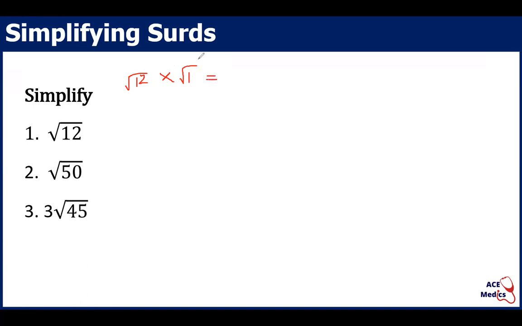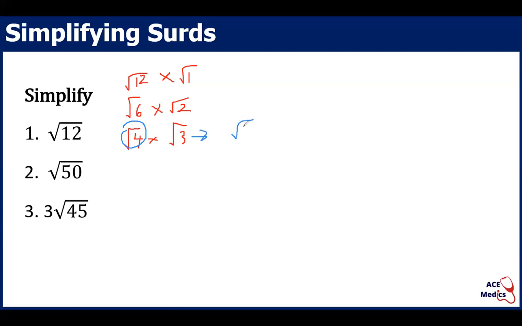Root 12 times root 1. Root 12 is also made up of root 6 times root 2. It also could be made of root 4 times root 3. But we can only use the pair where one of them is a square number, which is this one. So we're going to have to use this one.